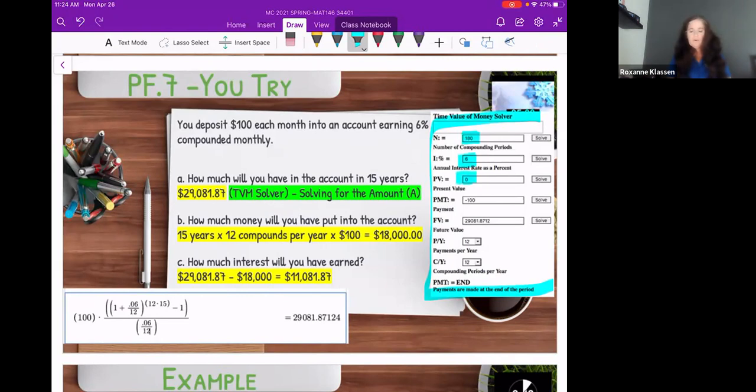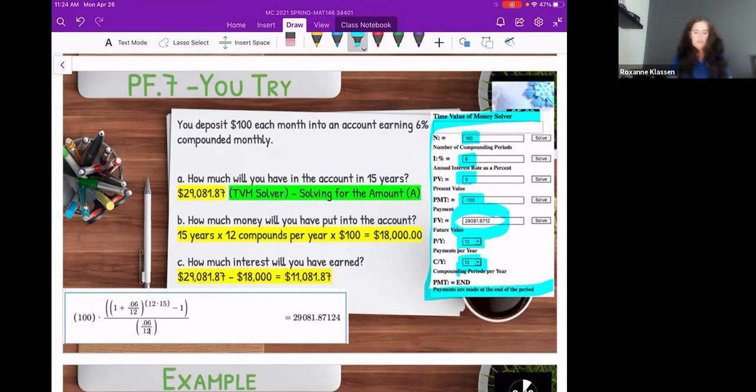PV is 0 because we don't have anything in our account. We're putting in $100 each month, so that's why it's negative 100. And P/Y and C/Y are 12. So then we're solving for FV and we get $29,081.87.